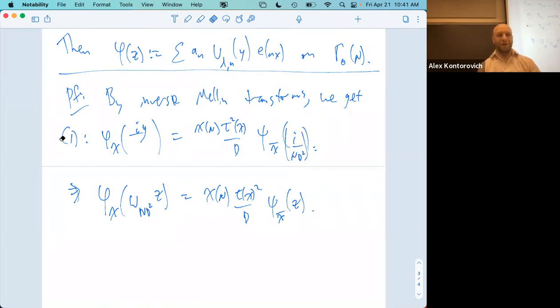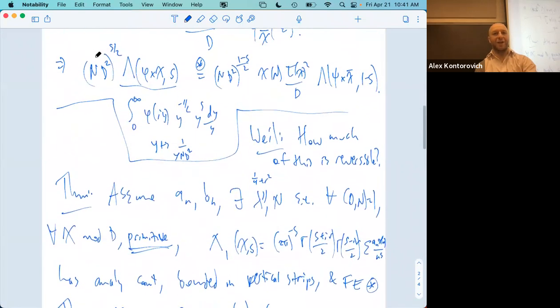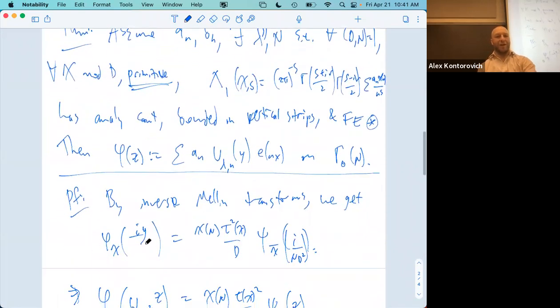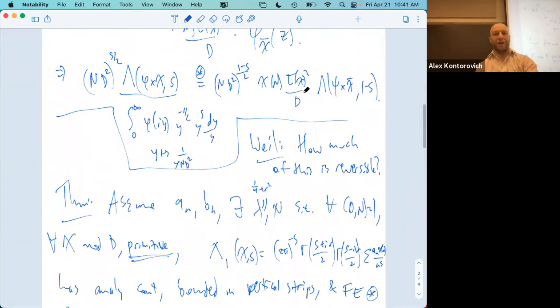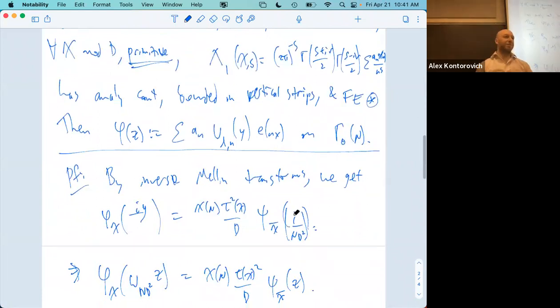I don't need the equation one. We get this L function, if you take the inverse Mellin transform, and of course it has these factors n over d on one hand, you get this. On the other hand, by the assumption of the functional equation, you get this, which amounts to this.